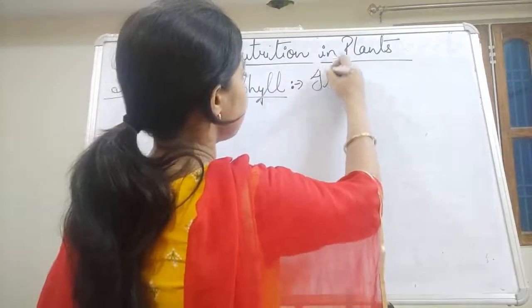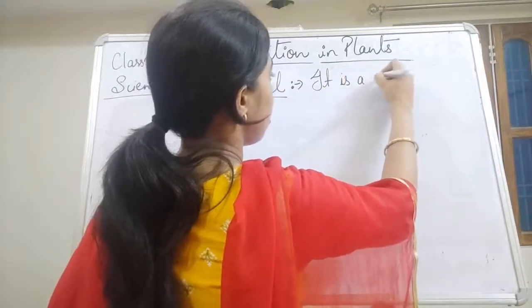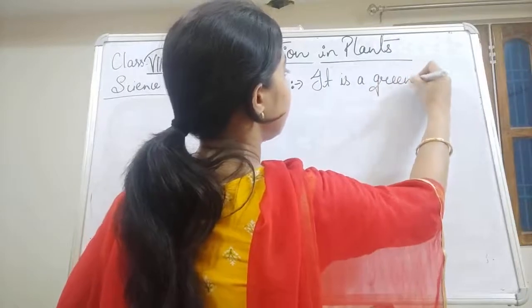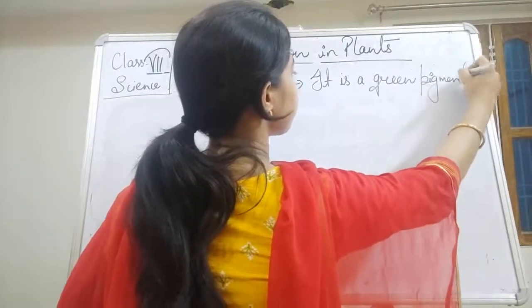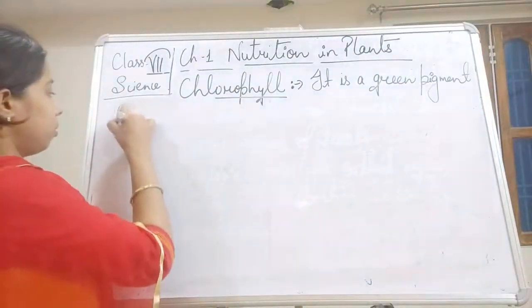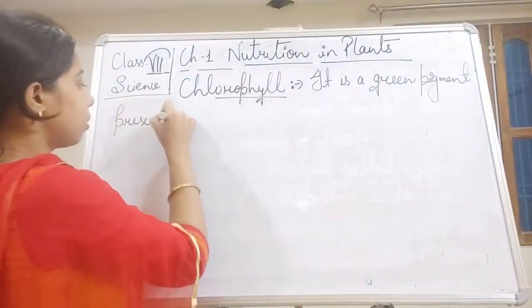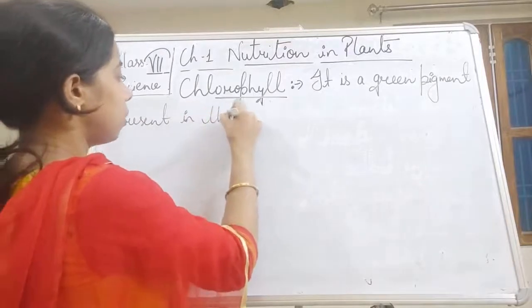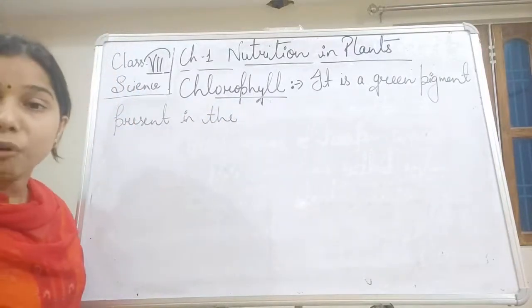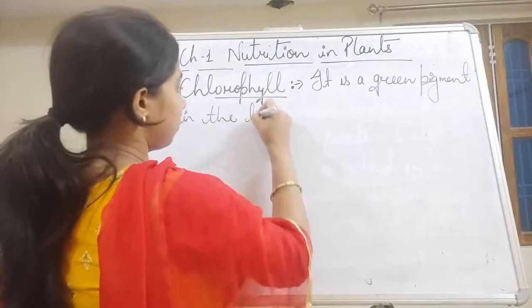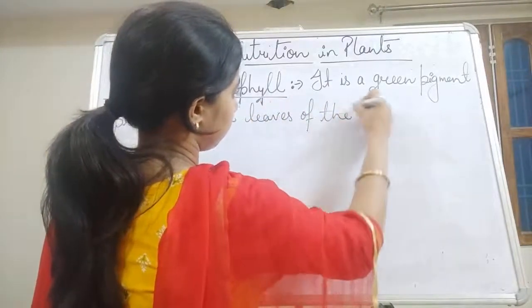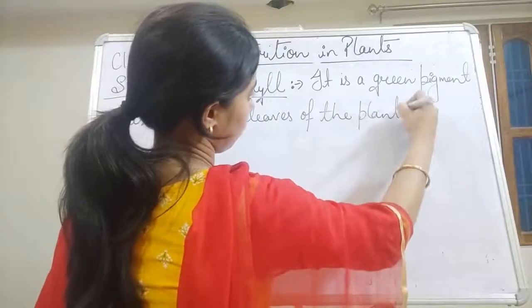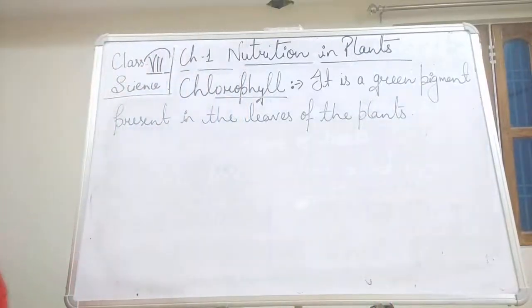So we can write that it is a green pigment present in the leaves of the plant.